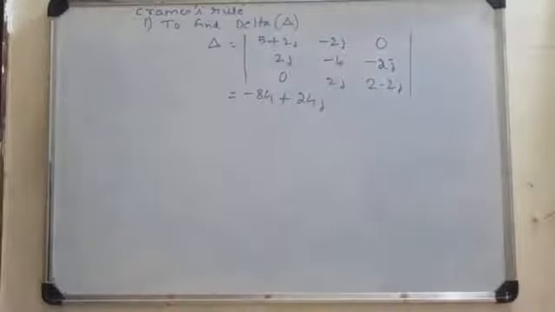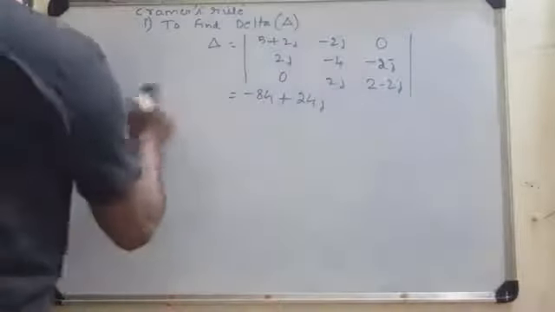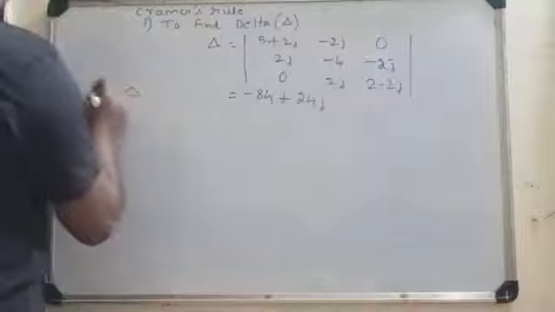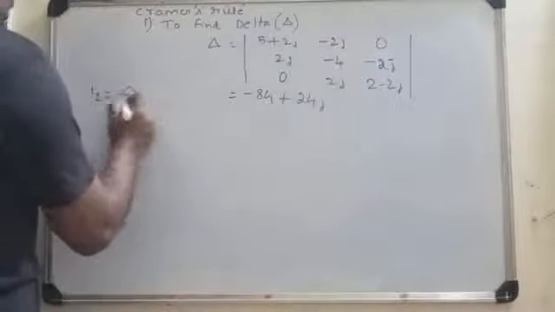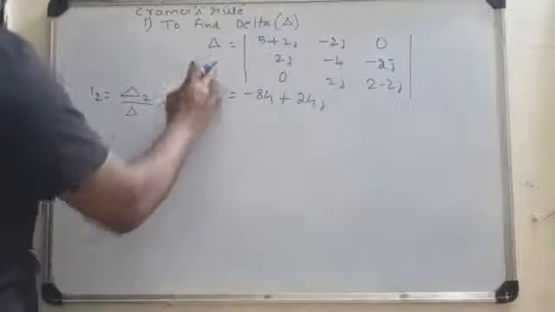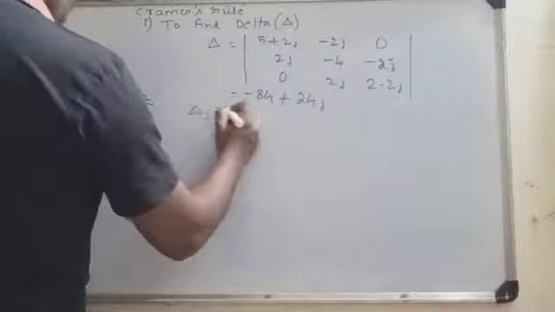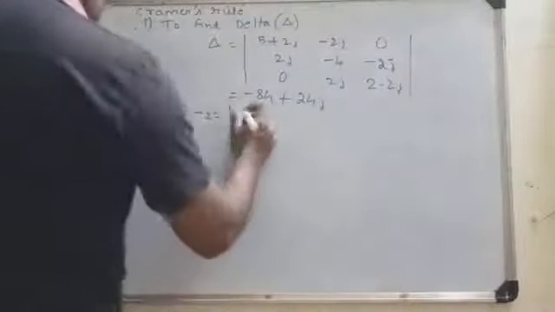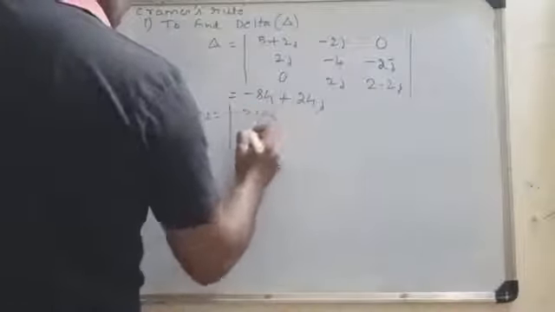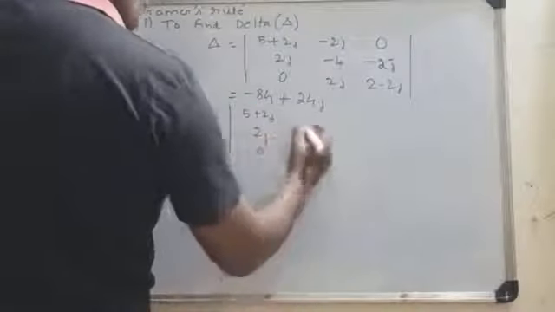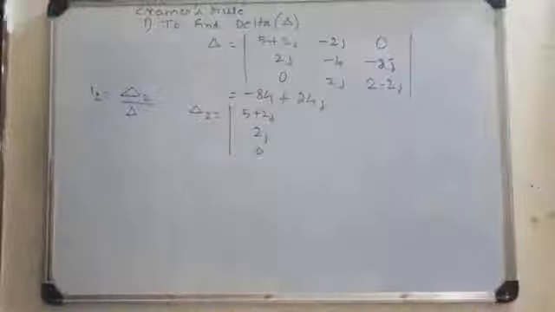Now the question asked is to find I2. To find I2 I need delta 2. Already delta is given. I need to find delta 2. To find delta 2, the first column I should retain as it is. The second column I should replace by the voltage sources.